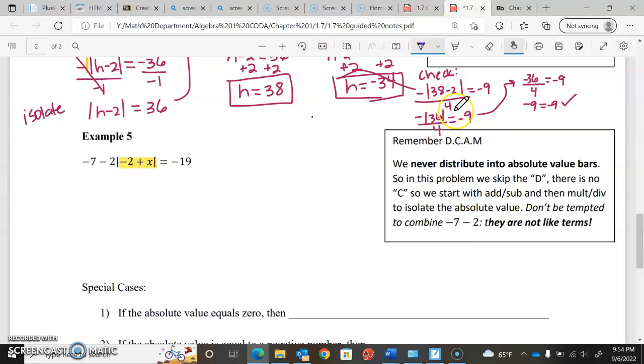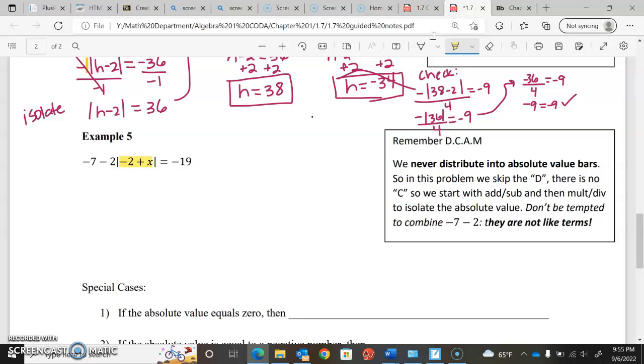Also, one thing to note, don't write this down. Something that's very often tempting to do is distribute this -2. Okay, do not do that. The absolute value bars are treated like parentheses when it comes to your order of operations.